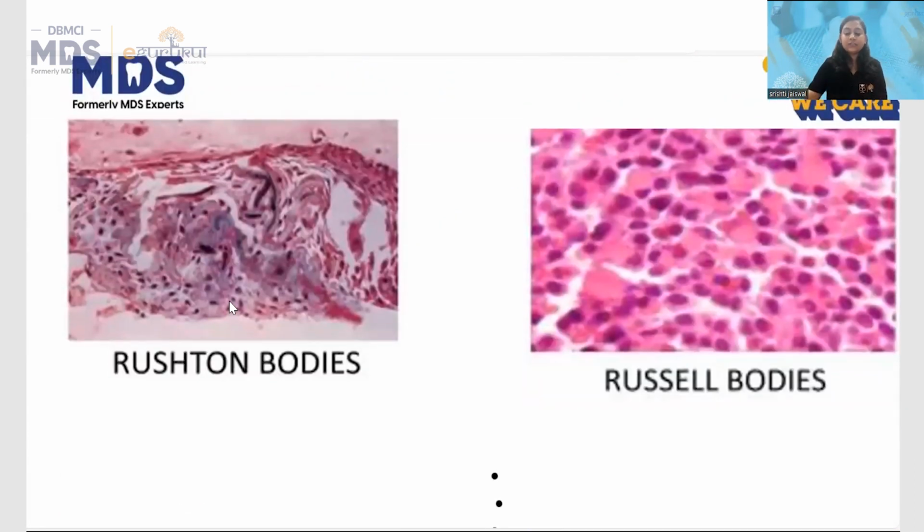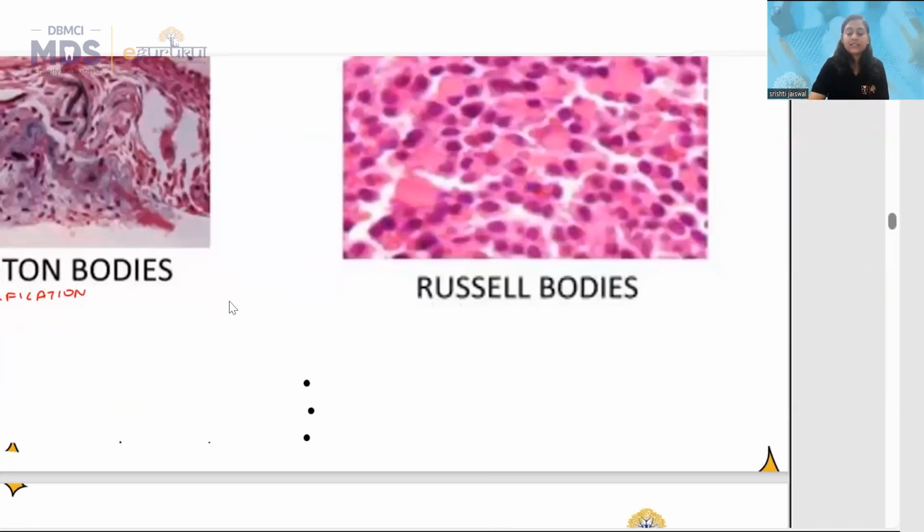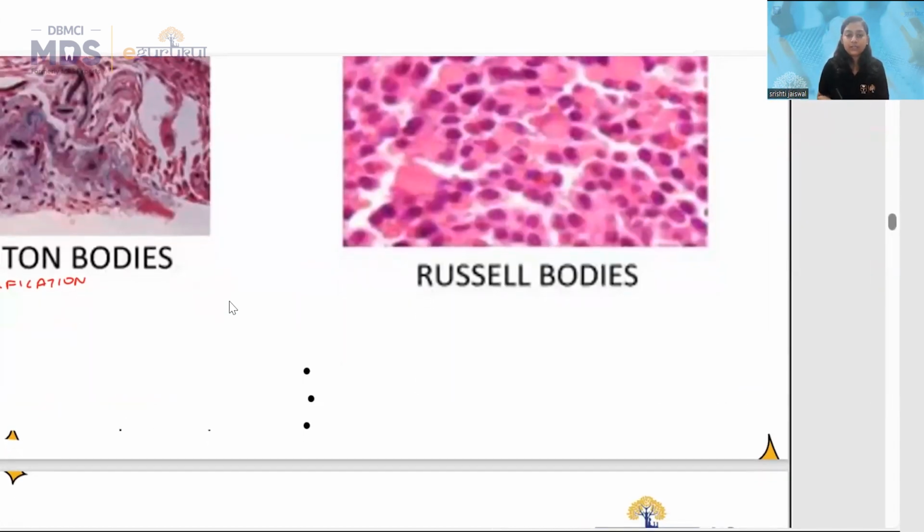So these are Rushton bodies. These are tiny eosinophilic arc-shaped, hairpin-shaped bodies seen in the lining epithelium. Now these are calcifications. Don't forget this. Now what are Russell bodies? These are round eosinophilic bodies in which the nucleus is present at the periphery of the cell, and these are collections of immunoglobulins.